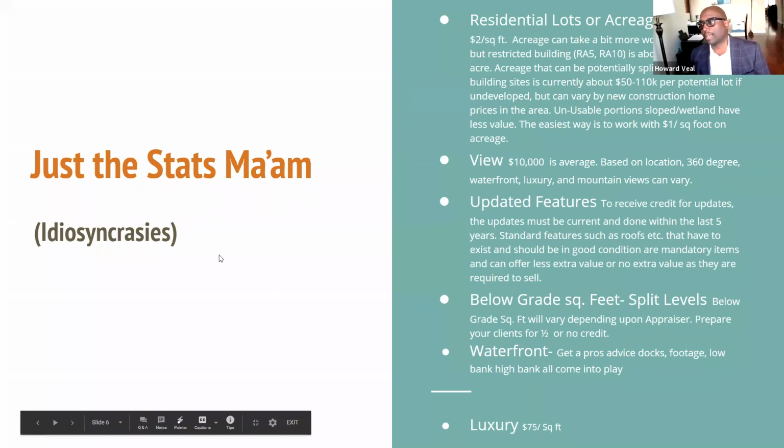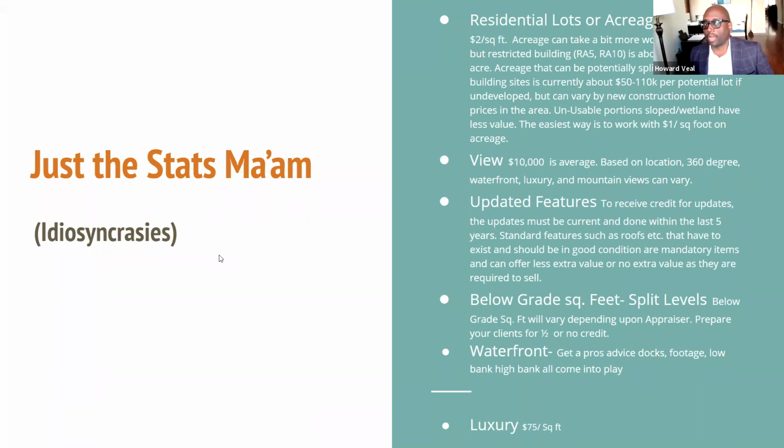Is the rule or the guidance on the below grade, when you make the adjustment of up to half off, only on finished space? For example, if you go into these split level homes and they've got 2 rooms finished, but where a washer and dryer may be sitting is their version of a laundry room, but it's not finished, you're only taking the credit on the finished area, right?